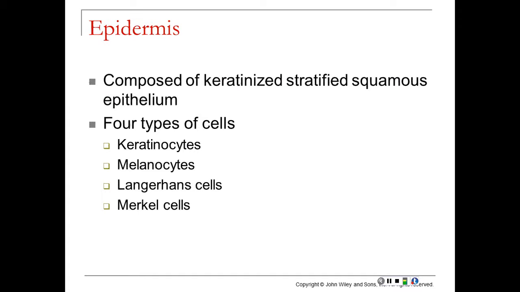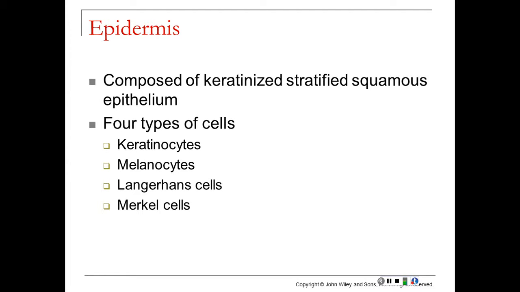So let's talk about the basic structure of the epidermis. It's composed of a special type of cell called a keratinocyte. They're keratinized stratified squamous. So it's a stratified squamous, meaning that these are flattened cells in several layers, and these cells have become what we call keratinized, which basically means they're kind of hardened and dehydrated.